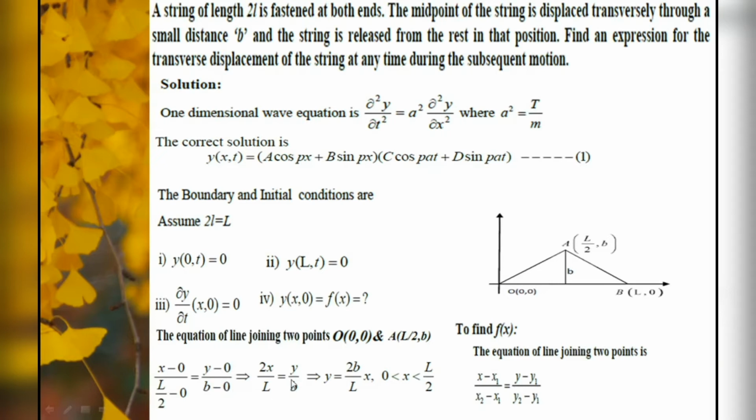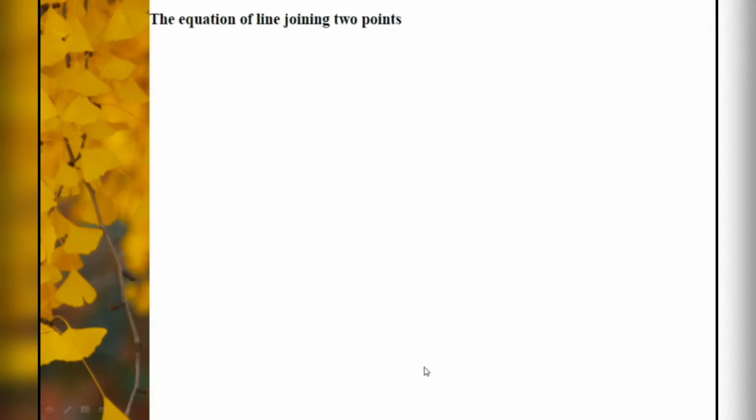When we simplify this by cross multiplying and separating the terms, we will get y equal to 2bx by L, and this is valid for x from 0 to L by 2. Now we have to find the equation of AB.